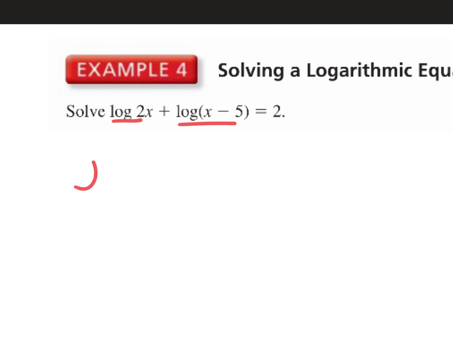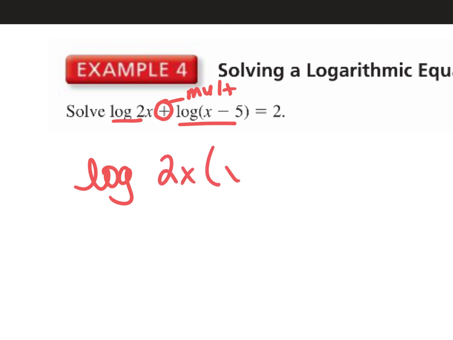When I see the same log base, I can smush two logs together. What does my addition become? Multiplication. Good. So I can rewrite this as log 2x times x minus 5. Do you guys agree? Am I allowed to do that? Absolutely. We smushed them together. Why can you do that? Because they both have the same log base.